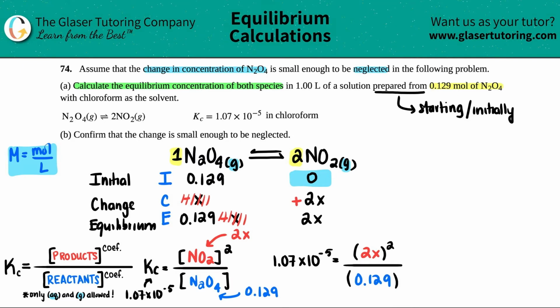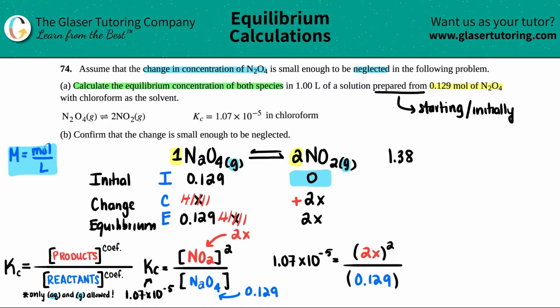And now let's just simplify. We could cross multiply this, right? This times, hold on. This times this, and then this over 1, right? So let's see. I'll go back up here, okay? So I'm going to do 1.07 times 10 to the negative fifth times 0.129. So I'm going to try not to round because I'm not at my final answer yet.